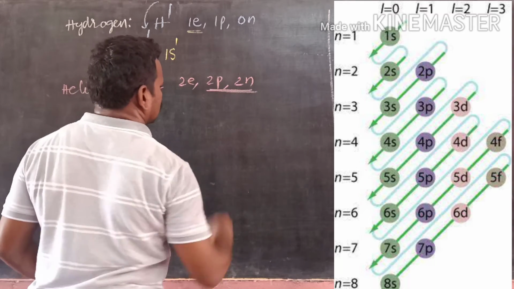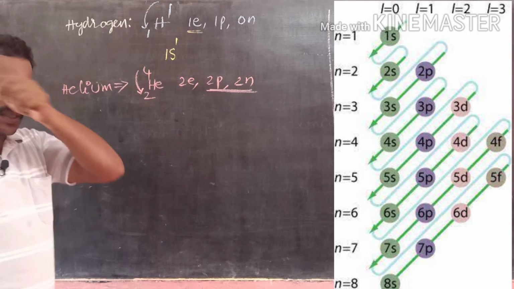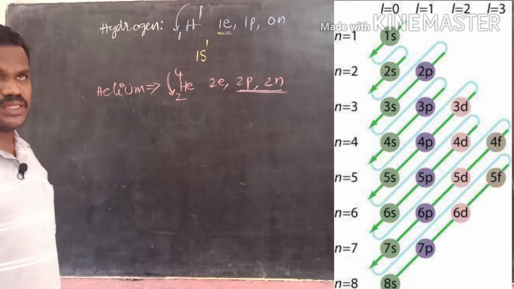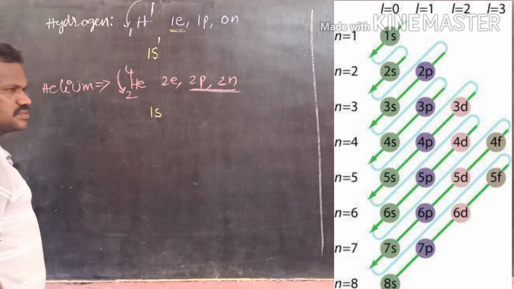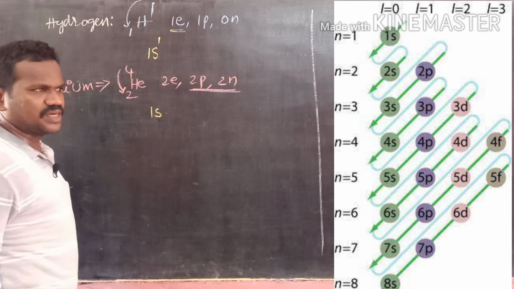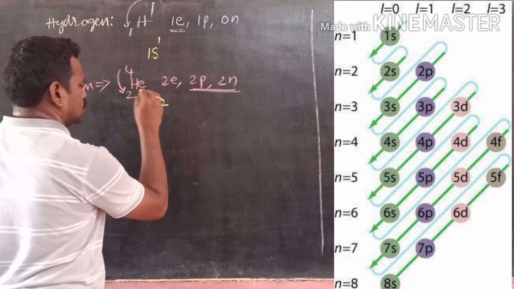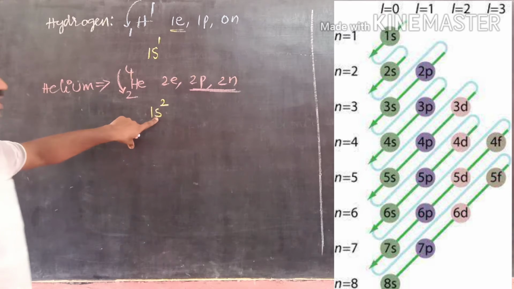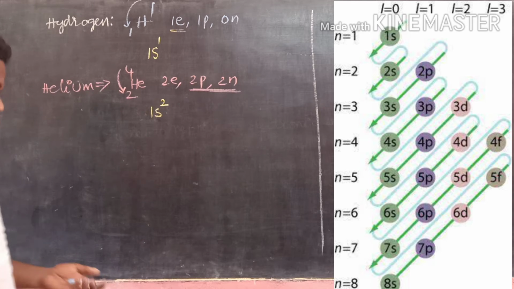These 2 protons and 2 neutrons are inside the nucleus, and the 2 electrons, as per the Euler chart and Aufbau principle, first occupy the lowest energy orbital, 1s. An s orbital can accommodate a maximum of 2 electrons, and here 2 electrons are there. So the electronic configuration of helium is 1s2, where 1 indicates the principal energy level, s indicates the angular momentum level, and 2 indicates the number of electrons.